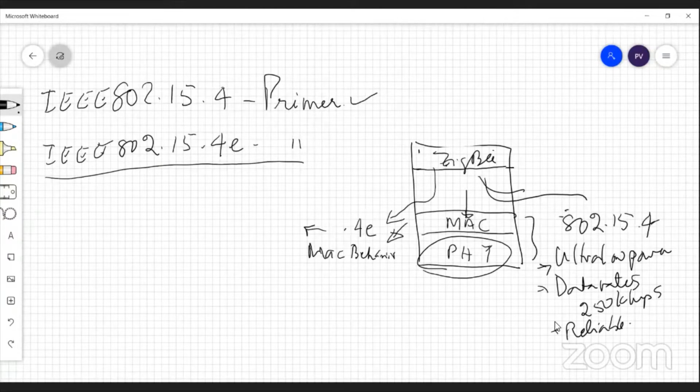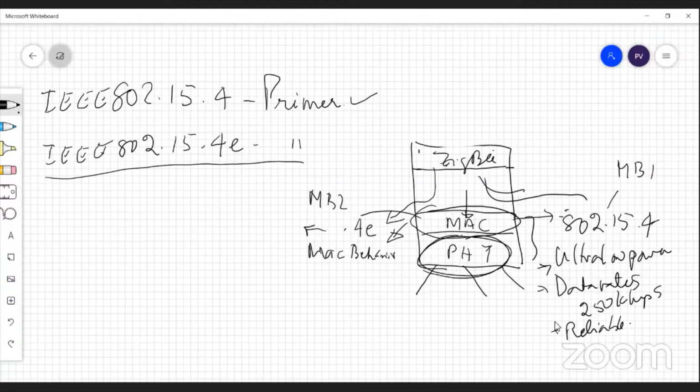The MAC is clearly the same for 15.4. This is one MAC behavior, MB1, and MAC behavior 2, MB2, is for 15.4e. The PHY layer is interesting. It operates in multiple physical layers, in multiple frequencies.